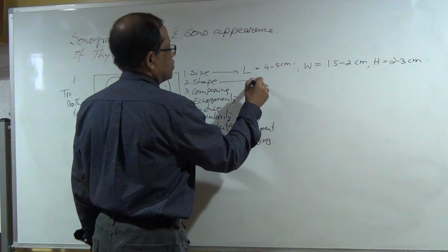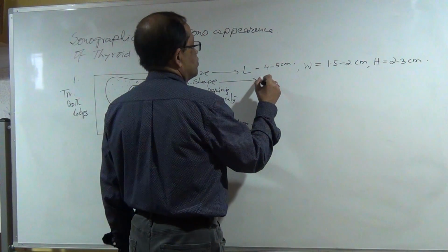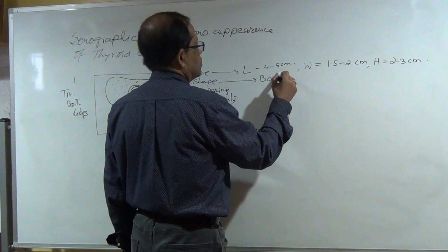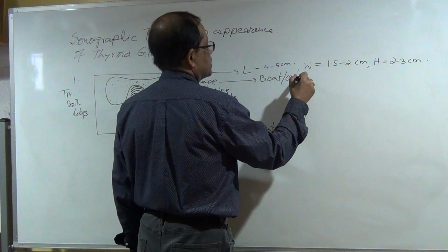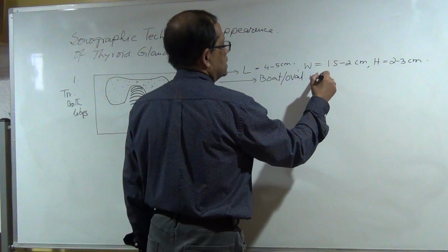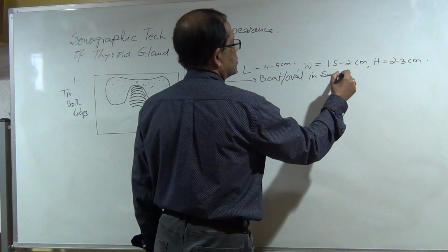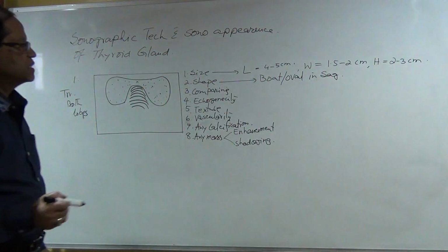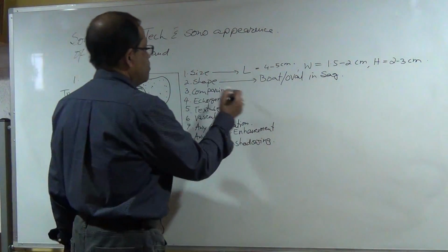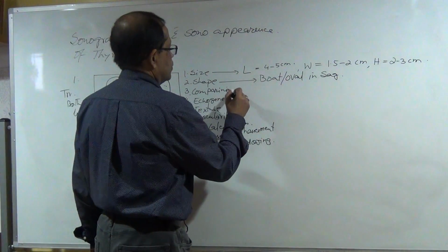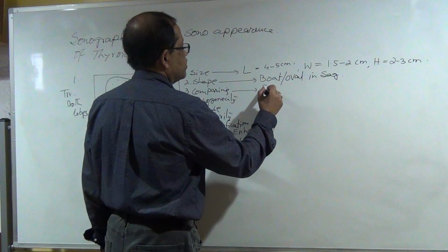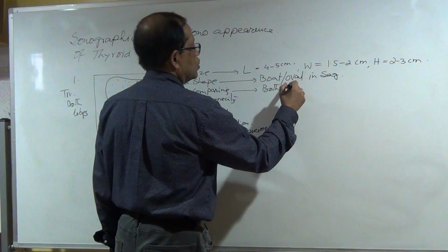Shape, so boat shape or oval shaped in sagittal view. Comparing both lobes.